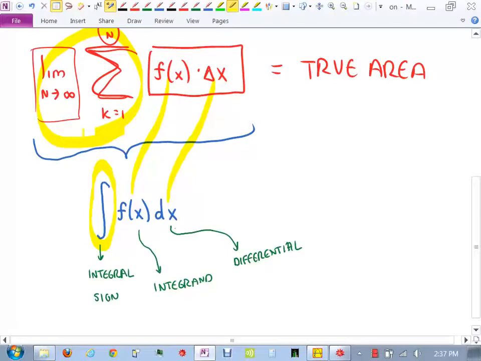Now, I think now is where the whole big result of today comes into play.